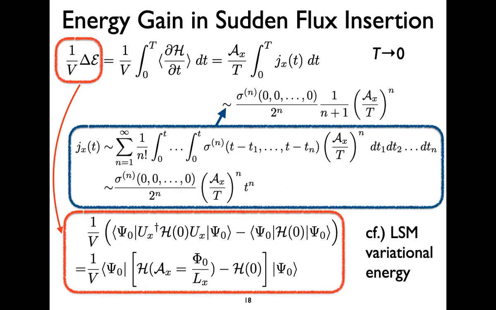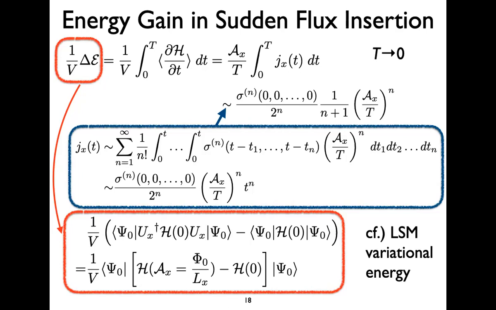Current is given by the time derivative of the Hamiltonian. Then you integrate both sides. On one side, you obtain the energy increase due to the sudden insertion of flux. On the right-hand side, you integrate the current from 0 to capital T. But now I'm considering the limit where capital T goes to 0, so this integral is also over a very short period of time.